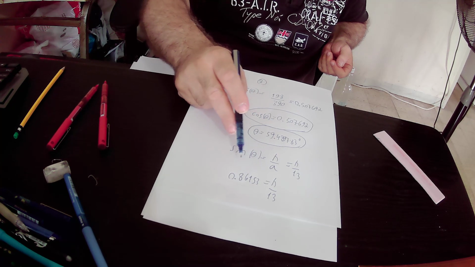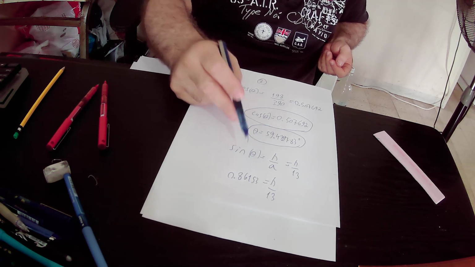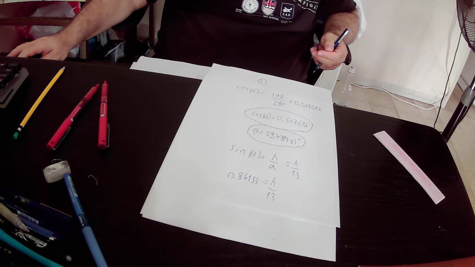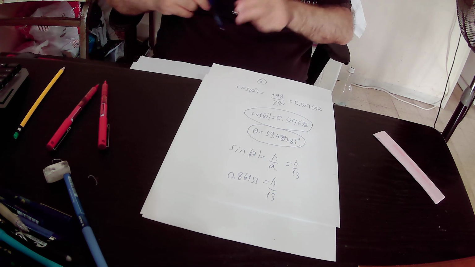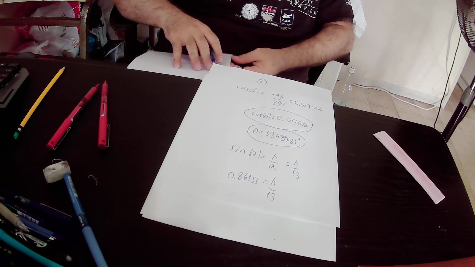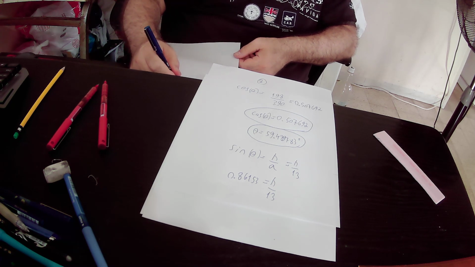We will multiply this number by 13 and we will get that h equals 11.2 units. So the height of triangle ABC is 11.2 units.